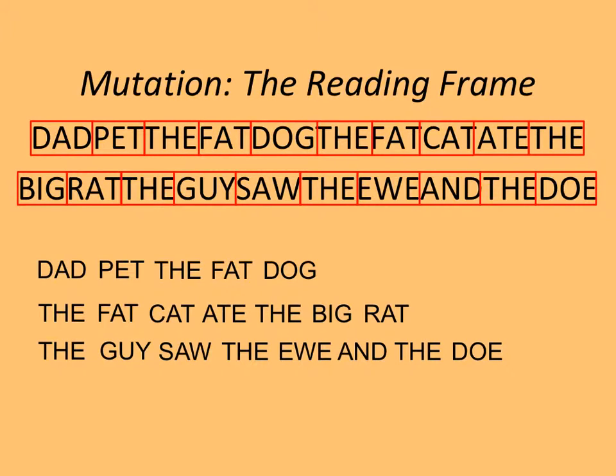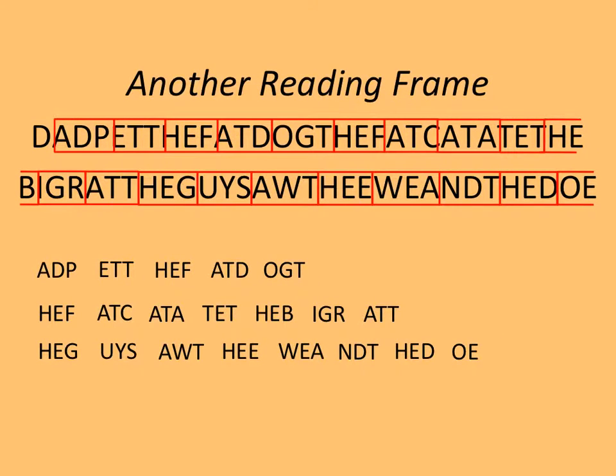So this is what it normally spells. Dad pet the fat dog, the fat cat ate the big rat, the guy saw the U and the dough. Okay. The reading frame has now switched. Either there's been an insertion that moved everything down one from that point on, or there's been a deletion. Okay?